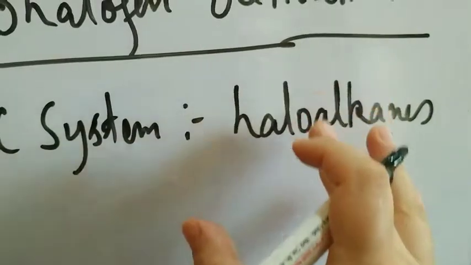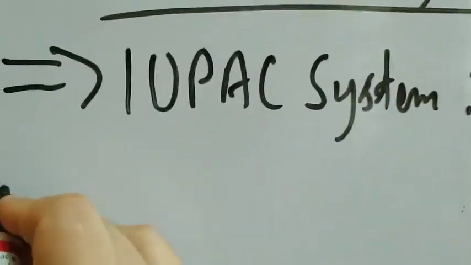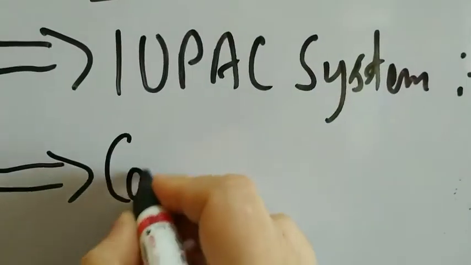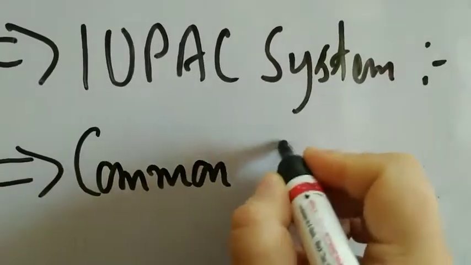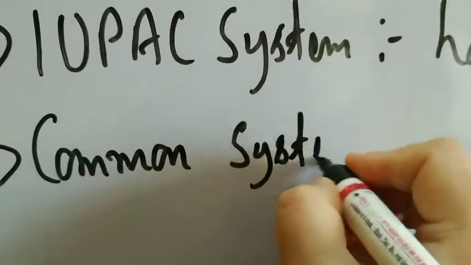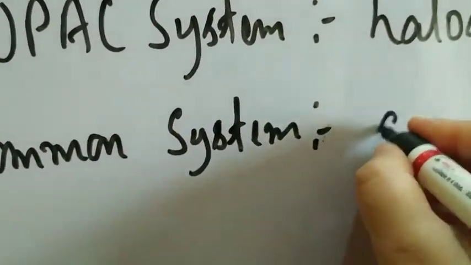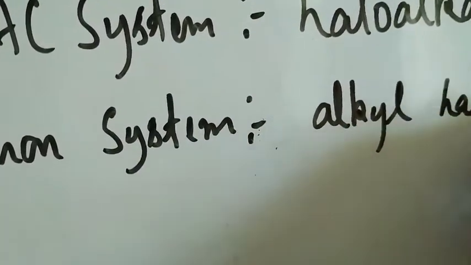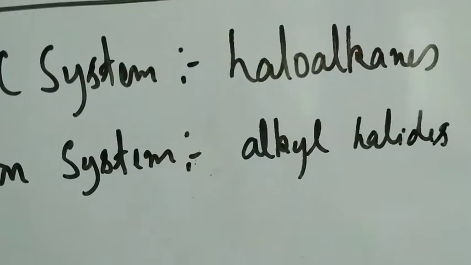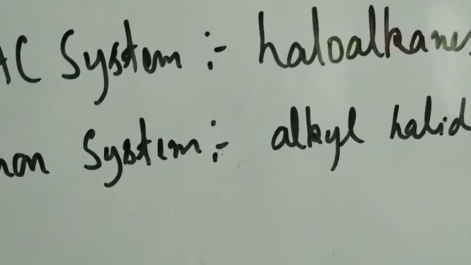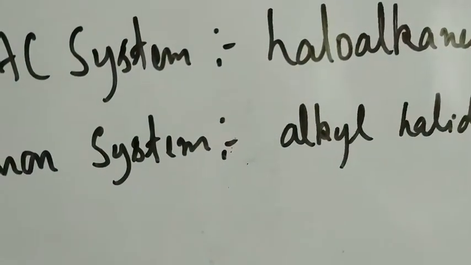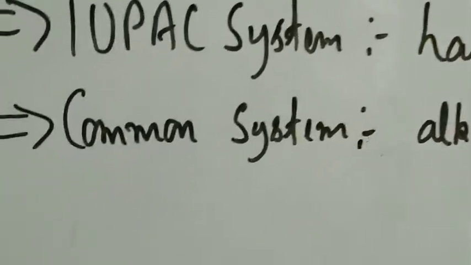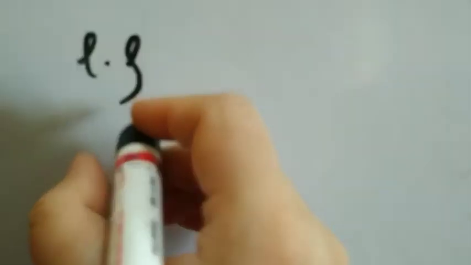There is no space between halo and alkanes. And in the trivial system, which we also call the common system, they are named as alkyl halides, and these are two words. Alkyl is one word and halide is another word. I don't think it is very difficult to understand or remember. We'll just do a few simple examples in this case.